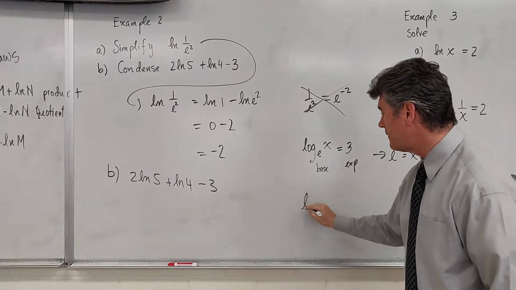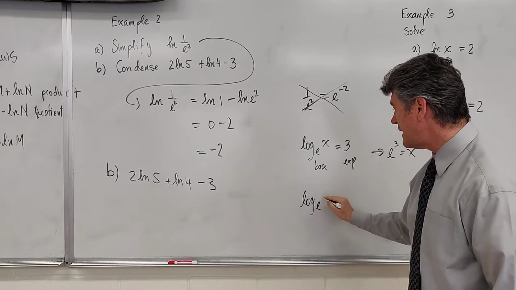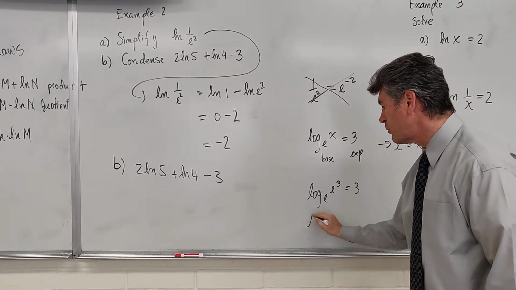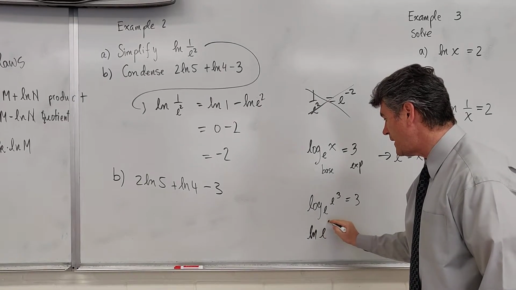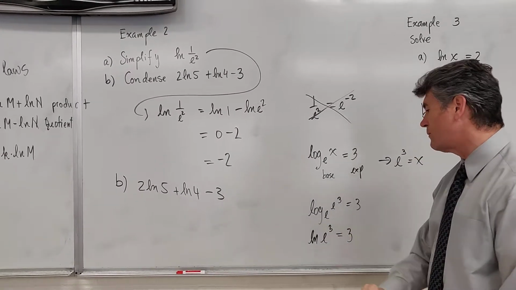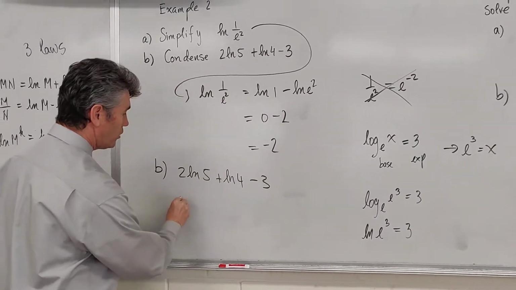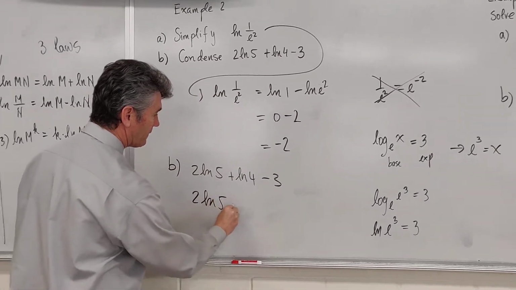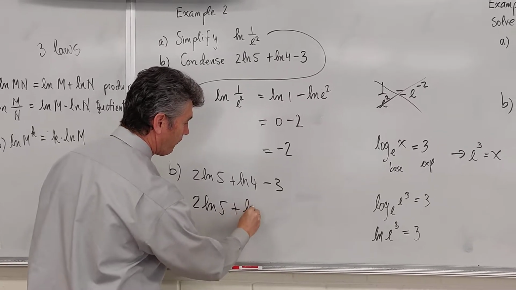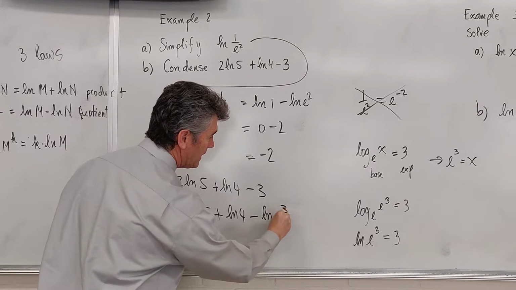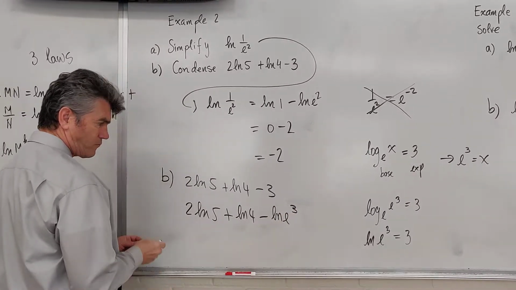So finally, log base e of e cubed is equal to 3, or in other words, natural log of e cubed is equal to 3. So let's rewrite b, 2 natural log of 5 plus natural log of 4 minus natural log of e cubed.